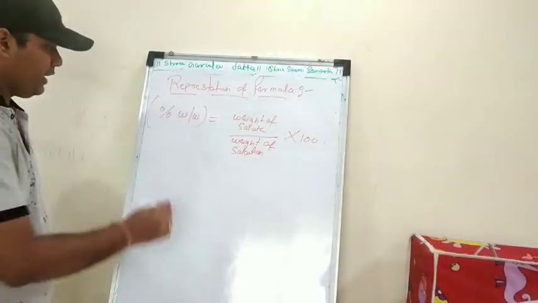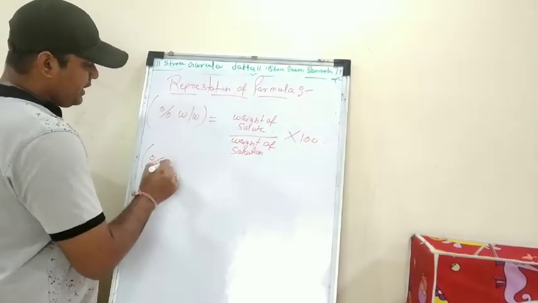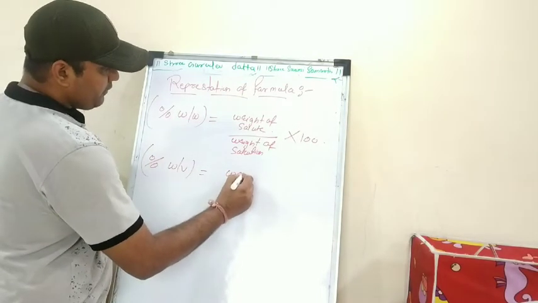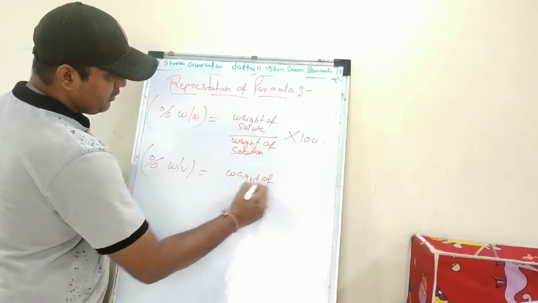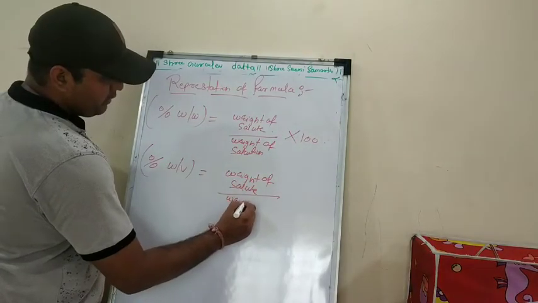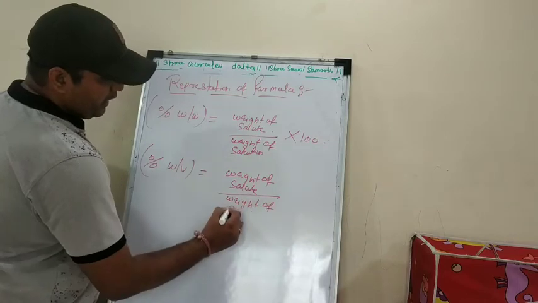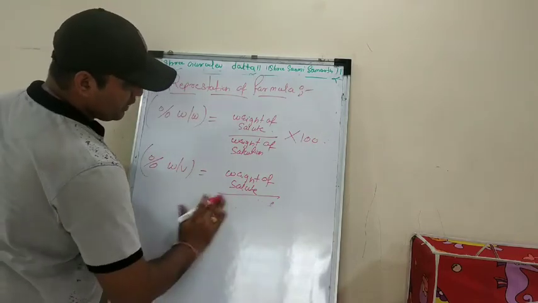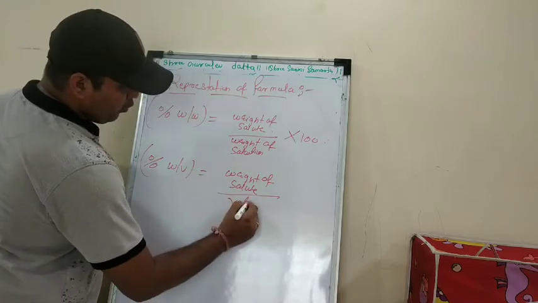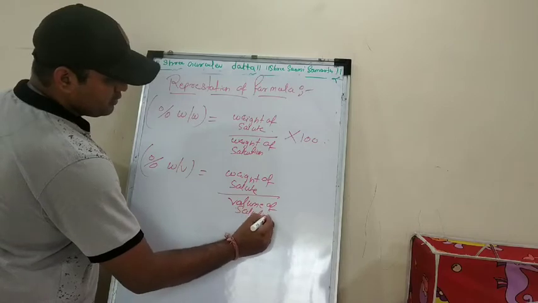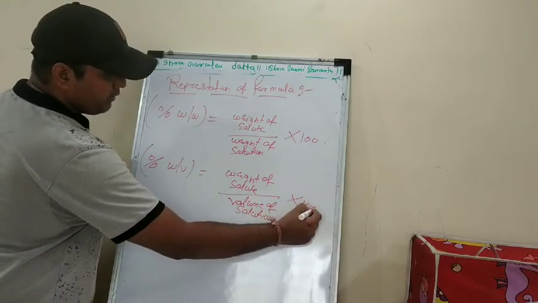So what will be the formula for percentage W by V? Weight of solute divided by volume of solution, into 100, right?